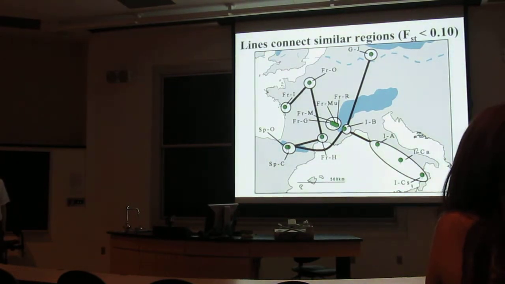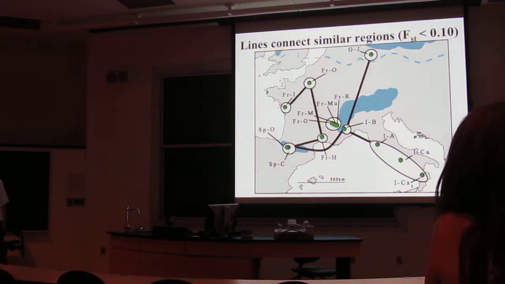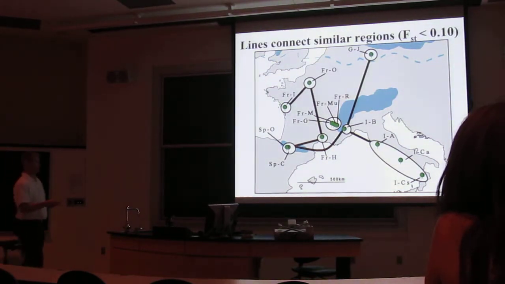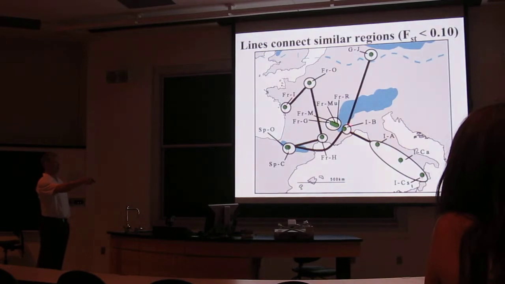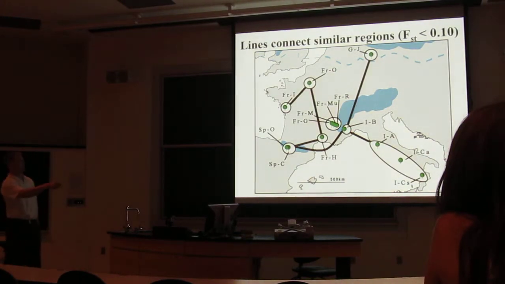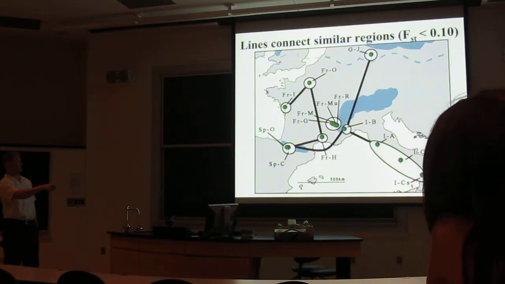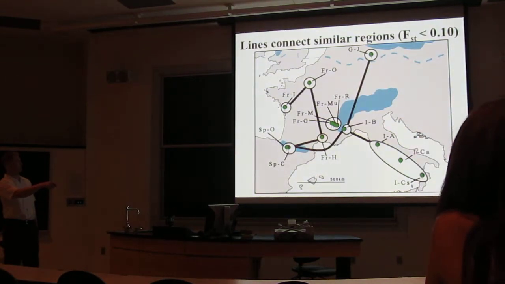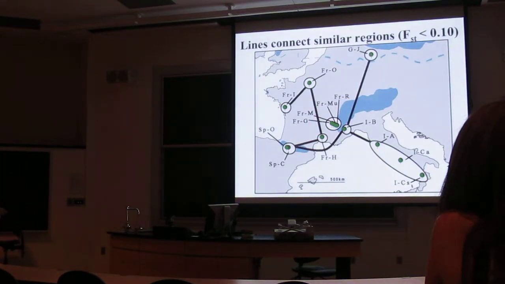These are all very similar populations because they have an FST value less than 0.1. So here we can see that IB population that had the highest diversity may have some ancestry from these German, these Italian, and these Spanish populations. And from this it suggests that individuals from this Iberian Peninsula may have gone to populate these French populations.